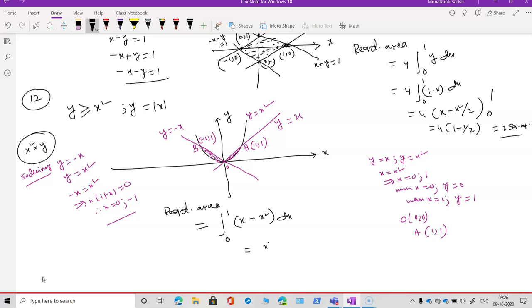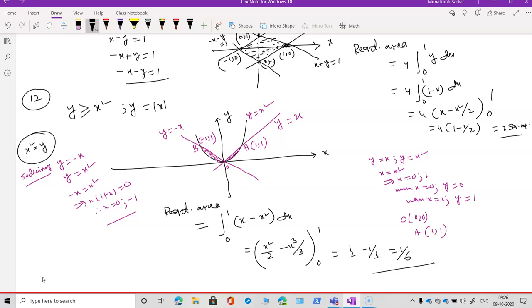So this will be x square by 2, x cube by 3. The answer is half minus 1 by 3, 1 by 6.